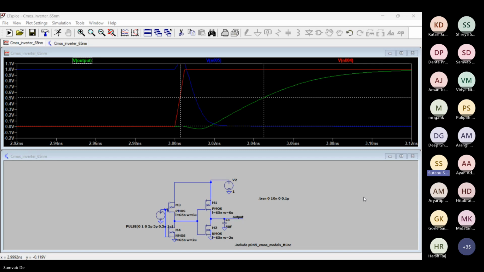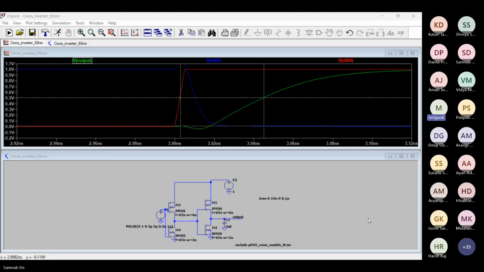Sir, the width of the MOS we are using, which is controlling the turn-on resistance, and then the capacitor value which we are putting at the end. Yes, so definitely the capacitor value and the sizes. Capacitor is only at the output, right?